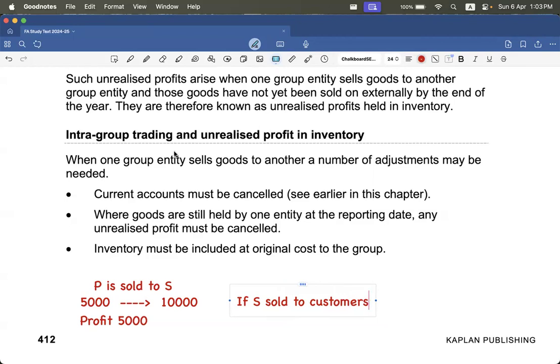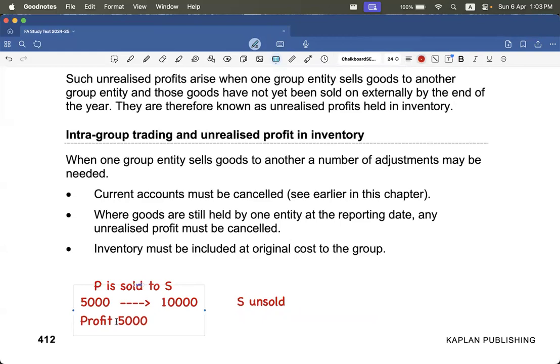Simply put, unrealized profits are those profits arising between a parent and a subsidiary if the goods are not sold. So suppose there is this inventory of 10,000 which S has kept unsold. Then the entire 5,000 becomes the URP.